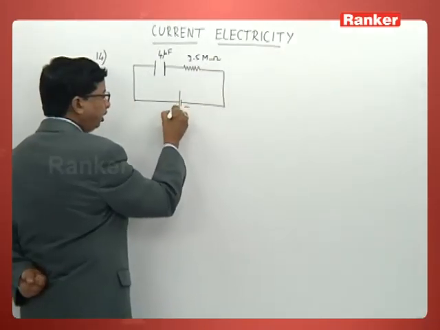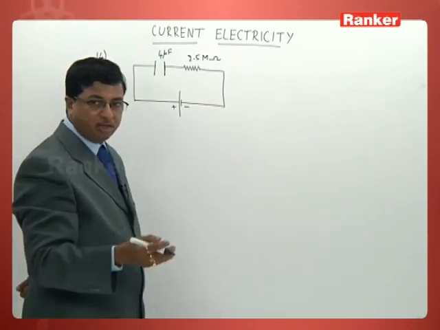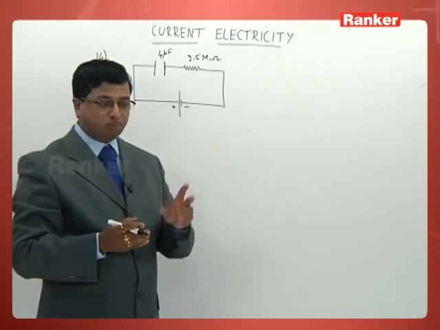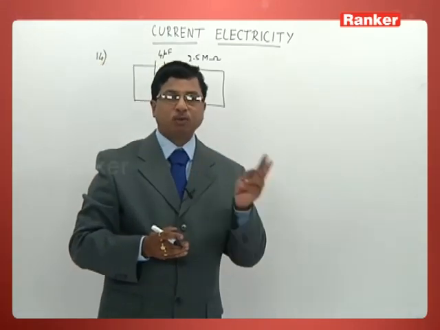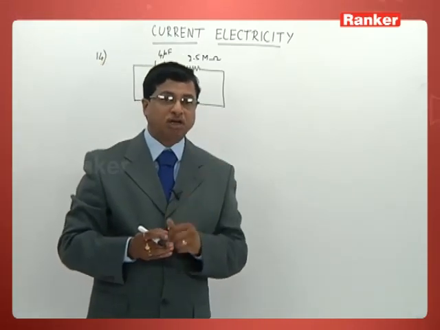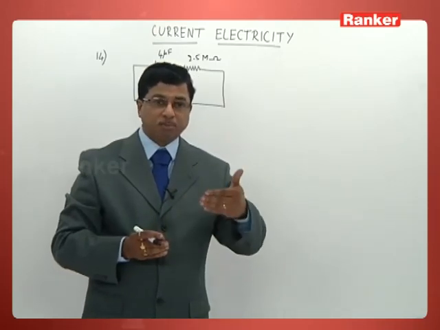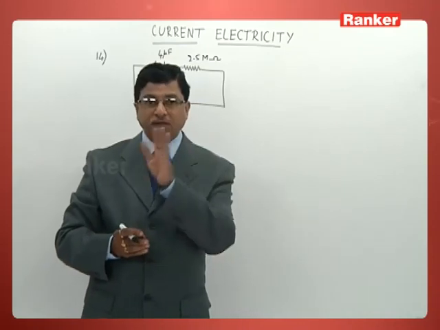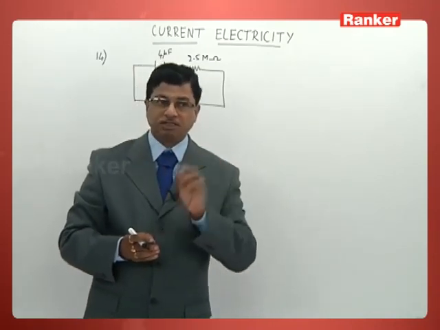You people should understand whether you call it mega or million, it is 10 to the power 6. Micro and mega are quite opposite terms, like we can remember almost. Micro is 10 power minus 6 and mega is 10 to the power plus 6. That is the major difference.